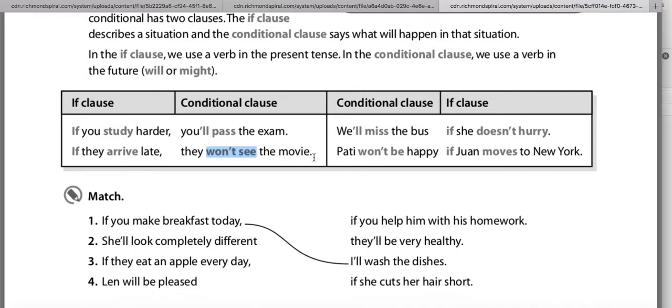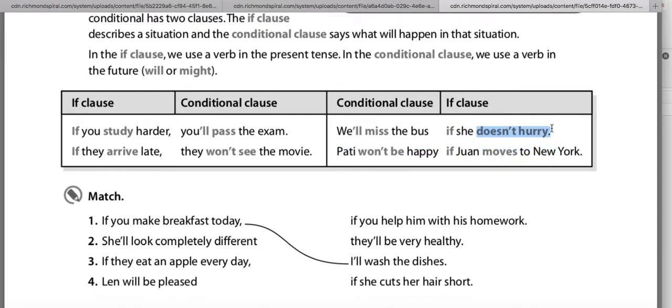Okay, got it? Perfect. The next one, we are changing the conditional clause to the beginning and the if clause at the end, and we use she will miss the bus if she doesn't hurry. Doesn't is in present.